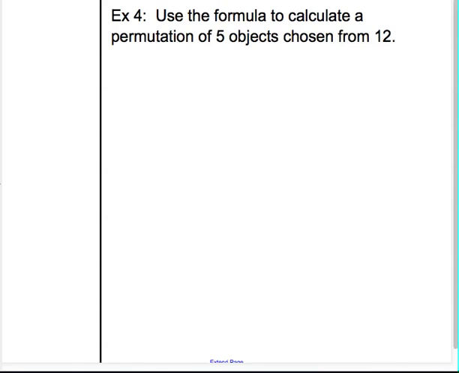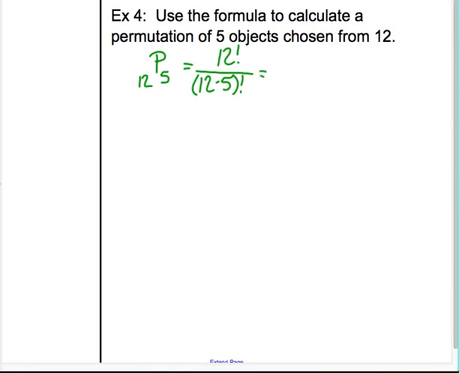The last thing I want to do is just take a look at expanding this formula. How many permutations of 5 objects chosen from 12? So we start with 12 objects we're choosing from. It's a permutation, and we want to choose 5 of the objects. So the first number that we're choosing from goes in the numerator, factorial, over, and then we subtract the 12 minus 5 factorial in the denominator.